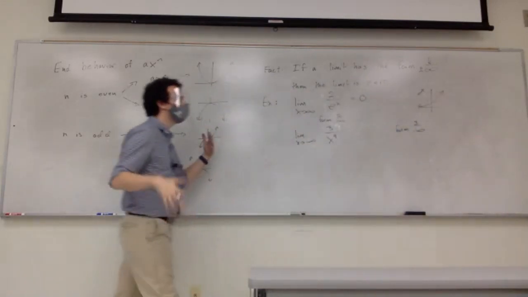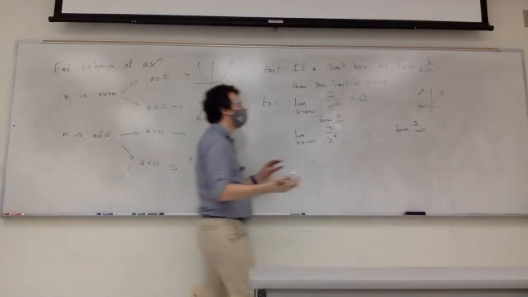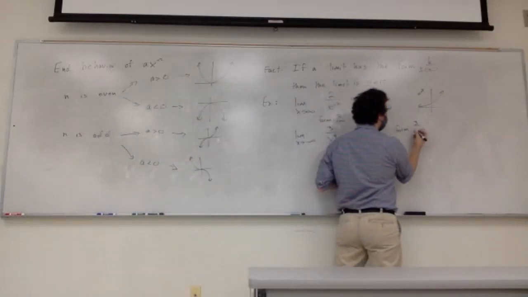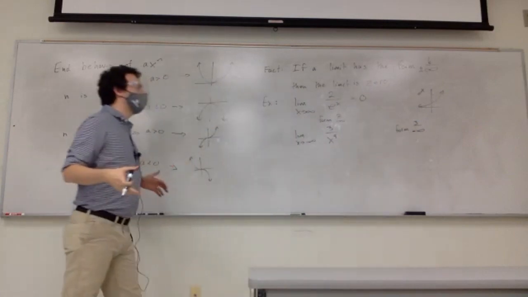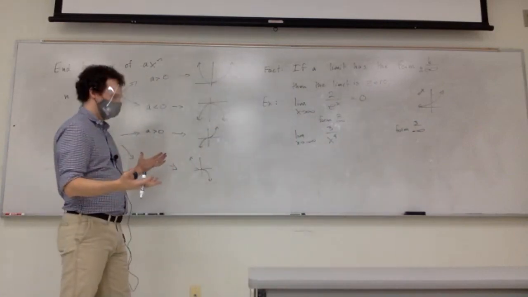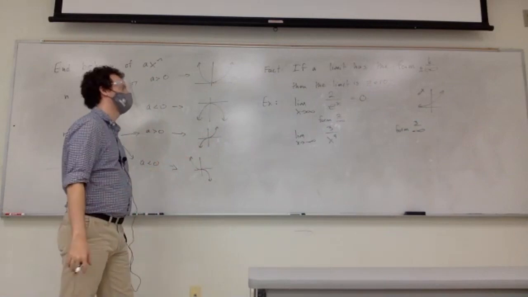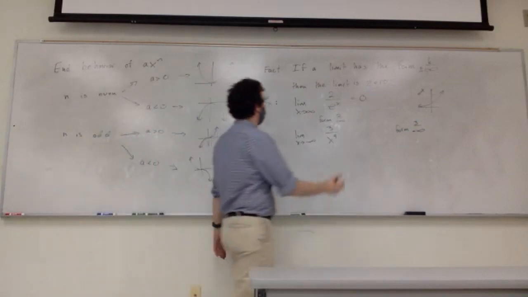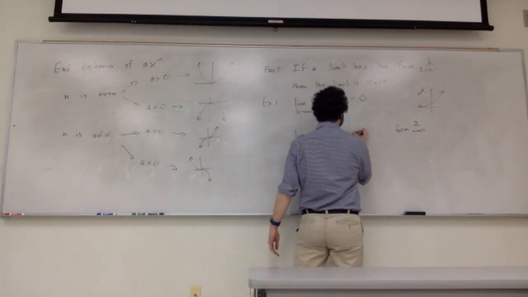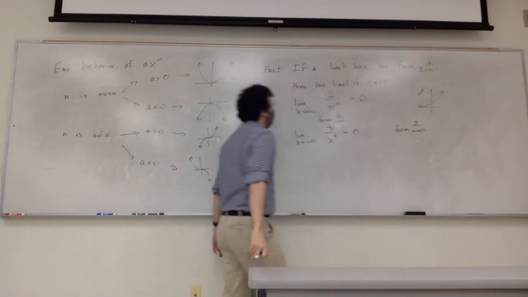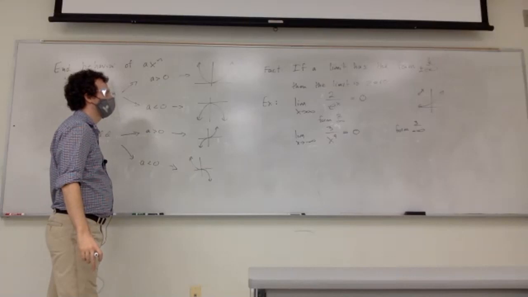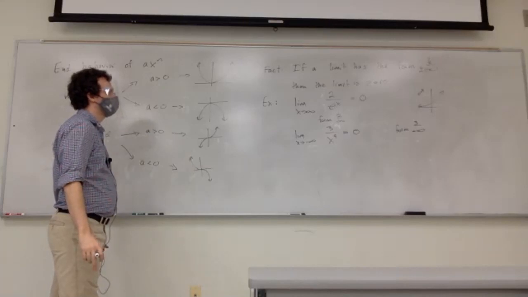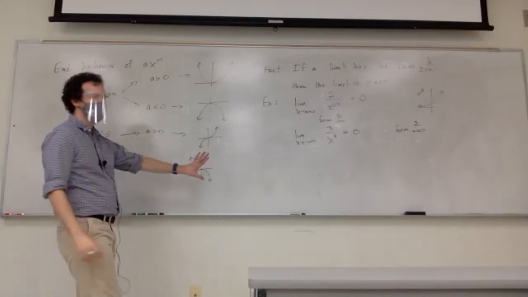So the top is fixed. The bottom is going to minus infinity. The minus on the bottom doesn't affect that the limit is going to be 0. Dividing by a big negative number is still getting closer and closer to 0. Questions about either of these guys?